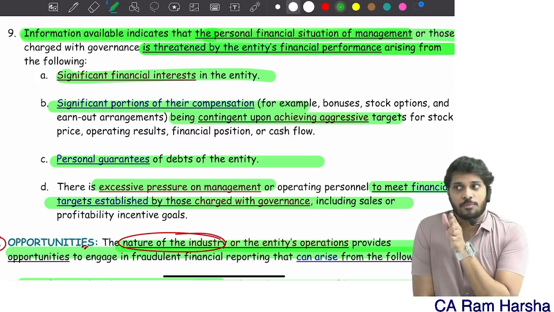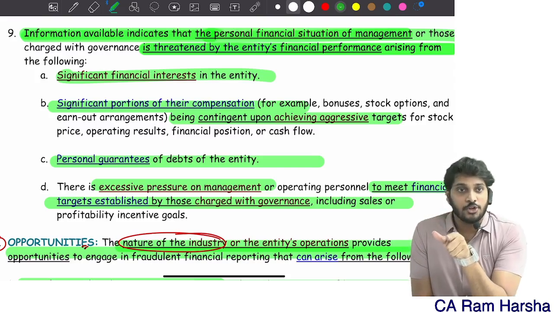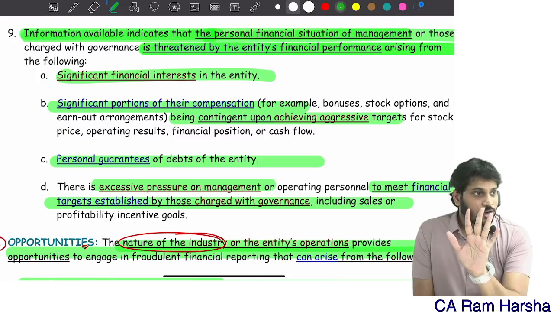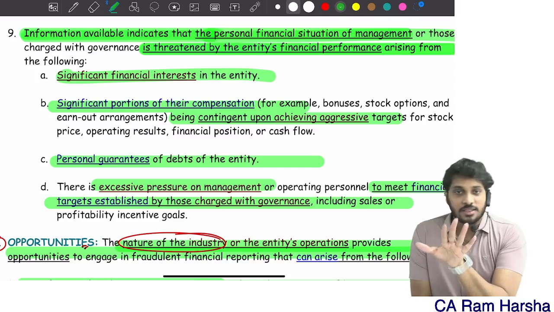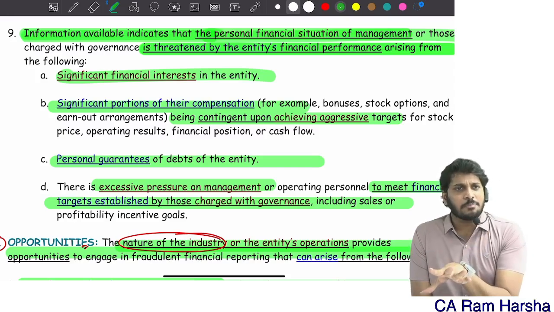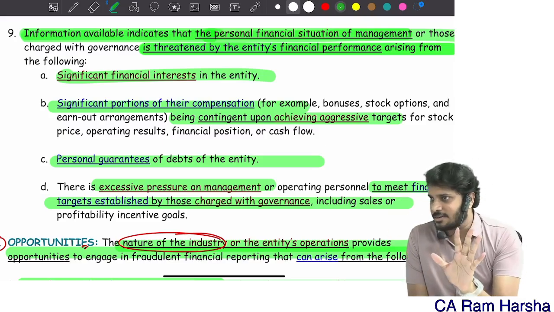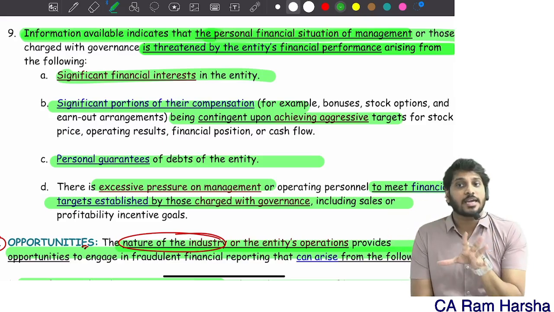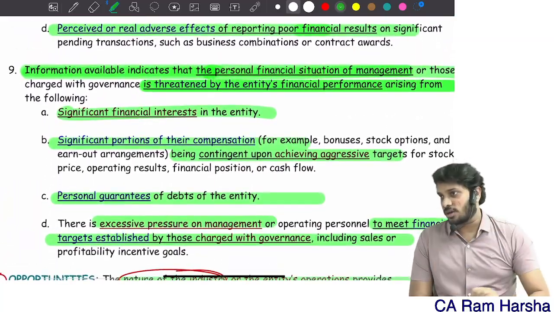Suppose the director is too dependent on this company and the chairman told him, if you do not bring a new loan, I will fire you. Then the director's monthly obligations and all will be affected. So what might this director do? Somehow manipulate, bring some funds, and satisfy the chairman. Correct? So any of these ways can be done. That's it. So these are the incentives or pressures.